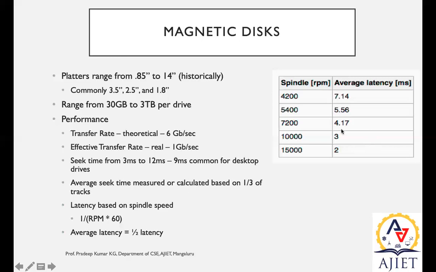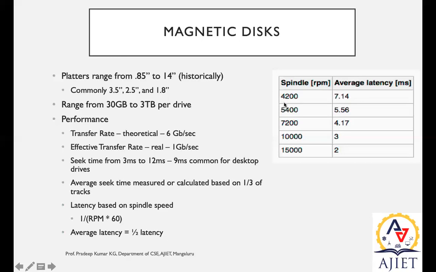We'll see some notations on drives. Consider you bought a CD drive from the market. On one side you can see some terminology: a manufacturer's name, logo, symbol, and something like 4200 or 5400. That is nothing but the spindle rotation per minute, and based on this we get the average latency.